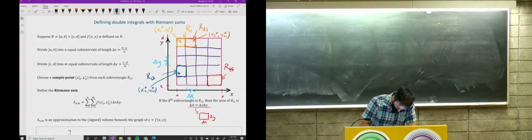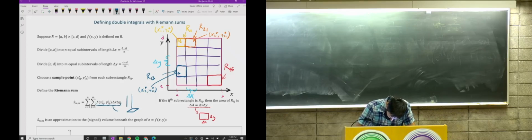So each one of these terms is going to be the volume of a box with width delta x, depth delta y, and height f of x sub ij star, y sub ij star.